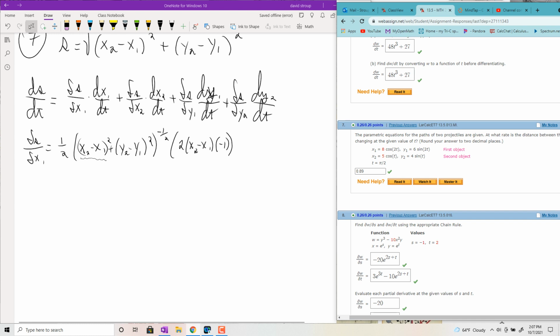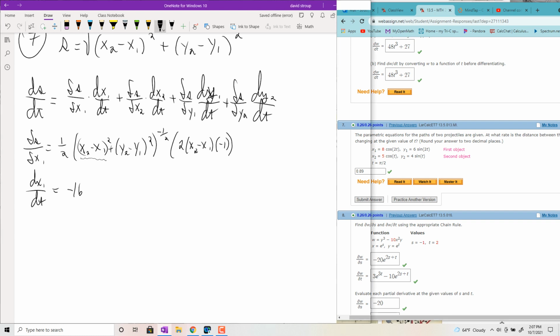And then the derivative of x1 with respect to t. They give you x1 is 8 cosine 2t, so this will be -16 sine of 2t.